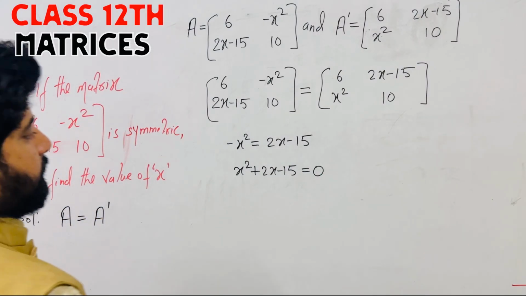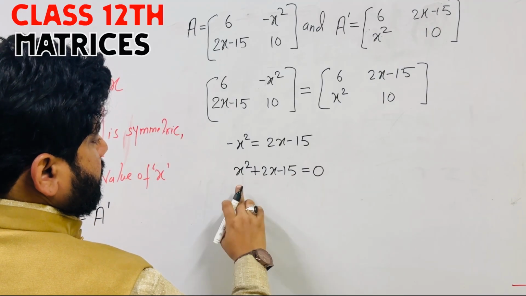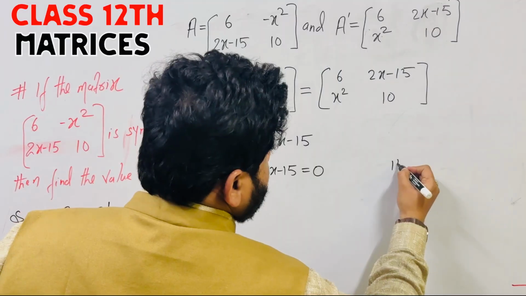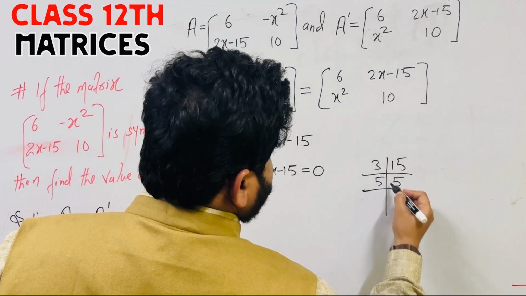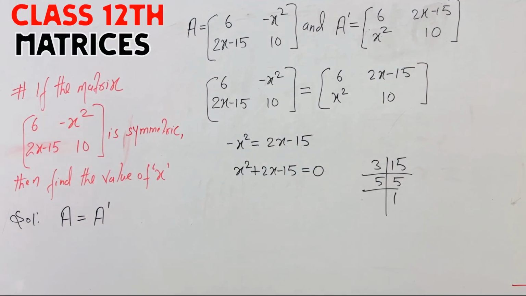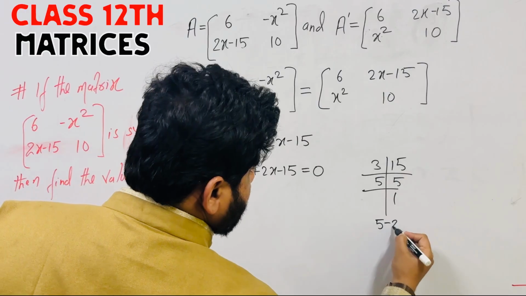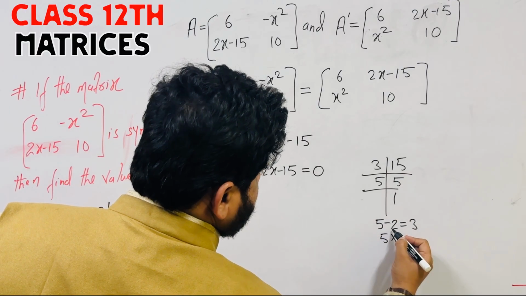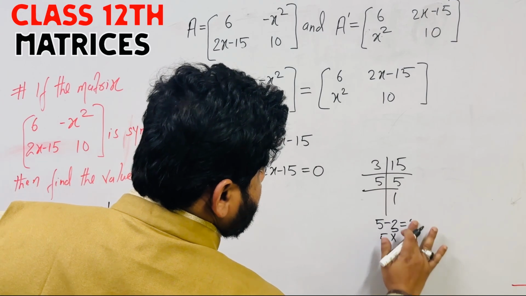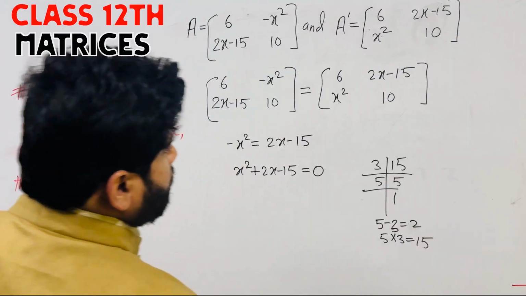Now the factors of 15: the LCM is 3 fives are 15, 5 ones are 5. Then 5 minus 2 is 3, and 5 minus 3 is 2, and they multiply to give 15.